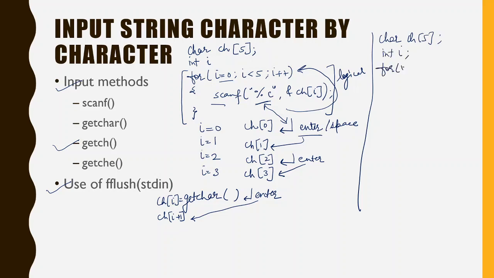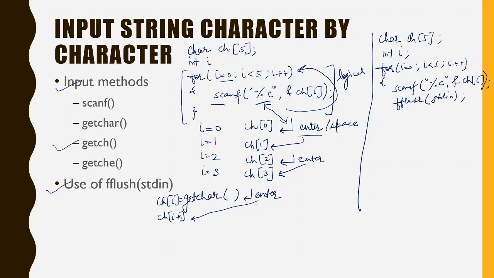While running the loop, i equals to 0, i less than 5, i plus plus, you just have to scanf %c and ampersand, the name of the array, ch[i]. Just after this scanf, you have to call fflush, the name of the function is fflush(stdin).